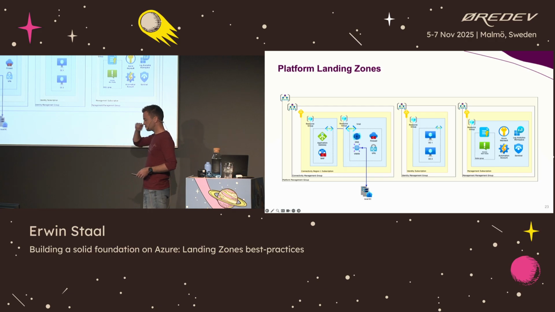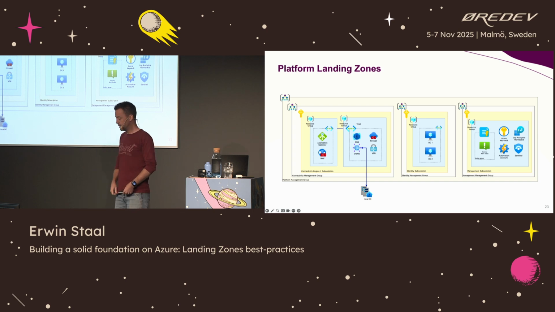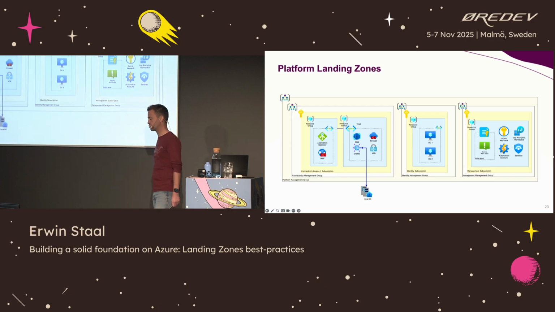There is a separation between the 3 because especially in large organizations, we see that different teams are responsible for these different things. So then it also makes sense to have different subscriptions because then we can make the correct team the owner of that subscription and manage the services within those subscriptions.